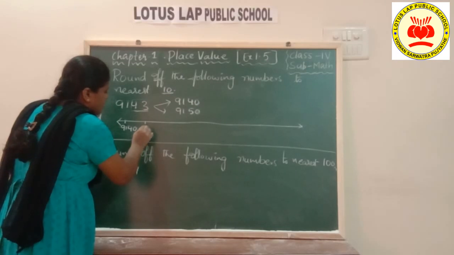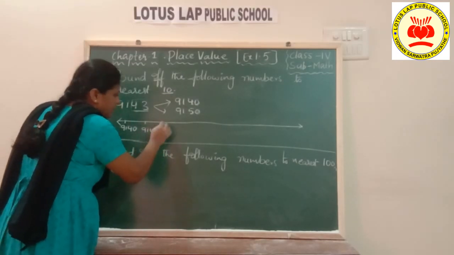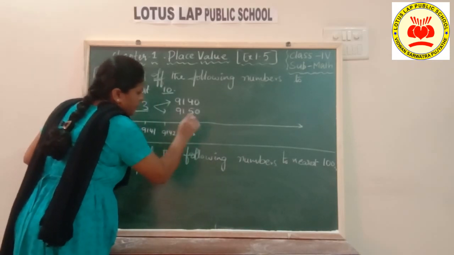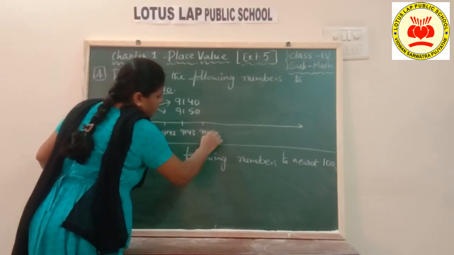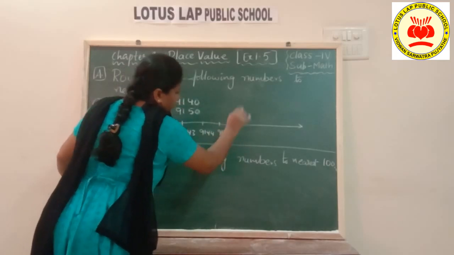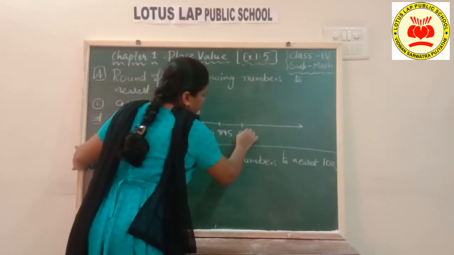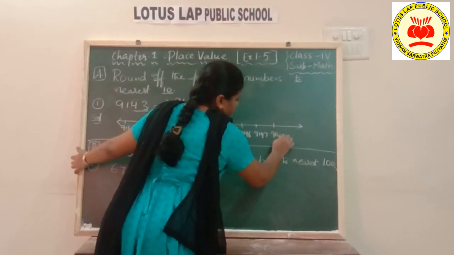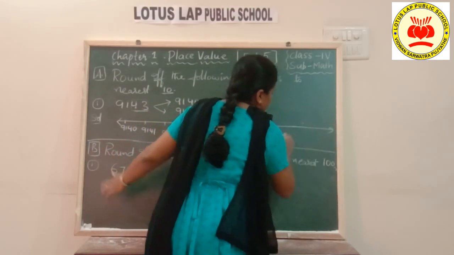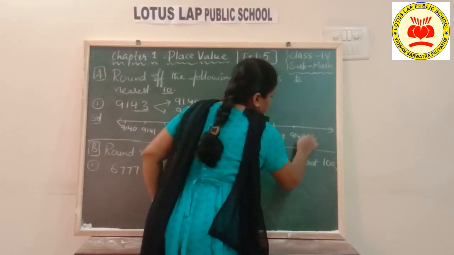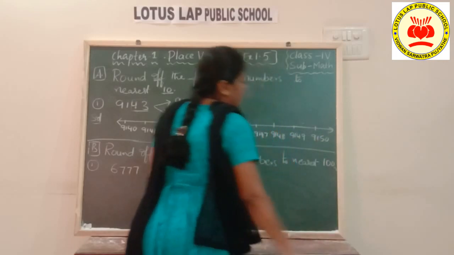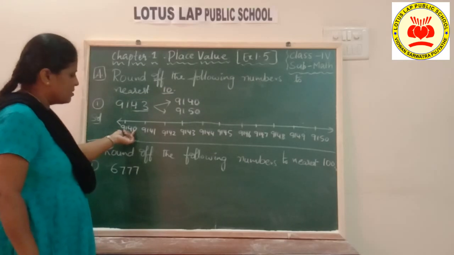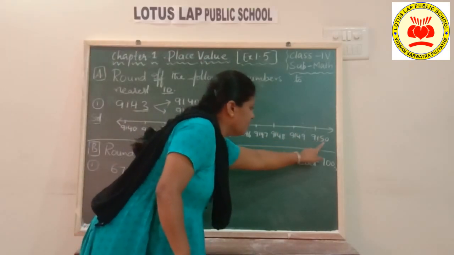So 9141, 42, 43, 44, 45, 9146, 47, 49, 9150, children. So I have written from 9140 to 9150.